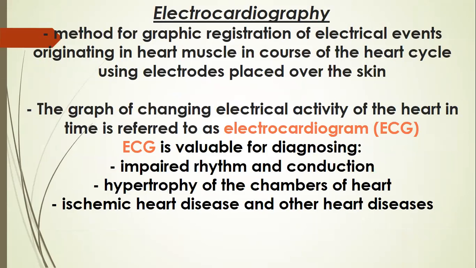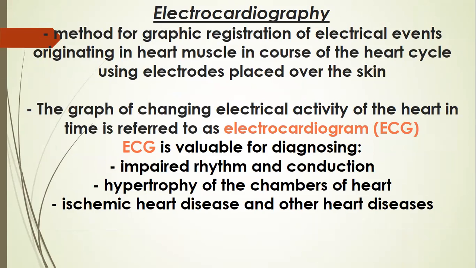And additional methods of investigation. One of them is electrocardiography, the method of graphic registration of electric events originating in the heart muscle in the course of the heart cycle.